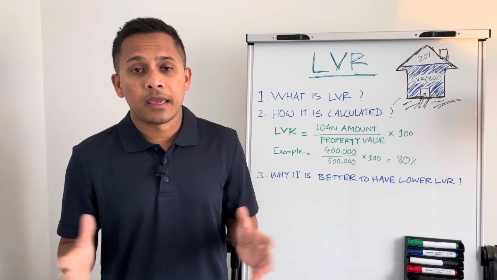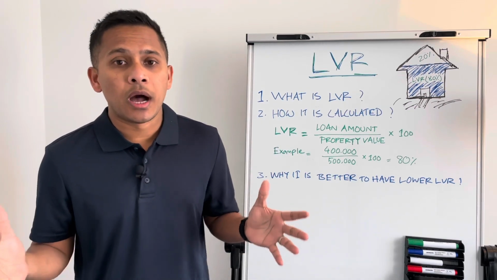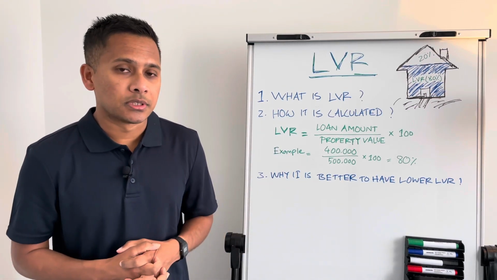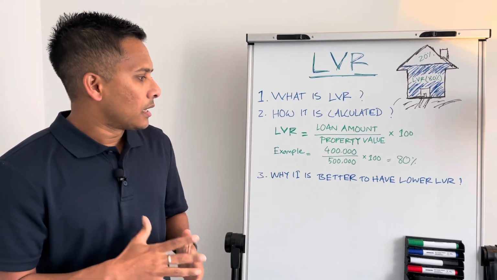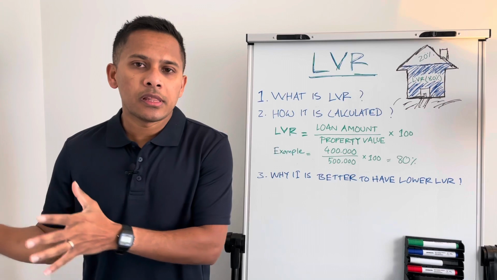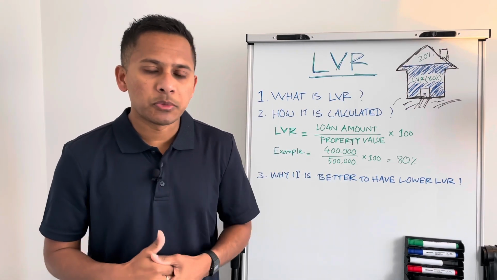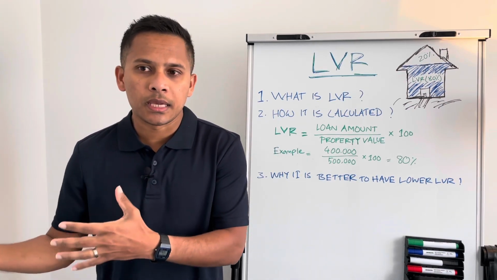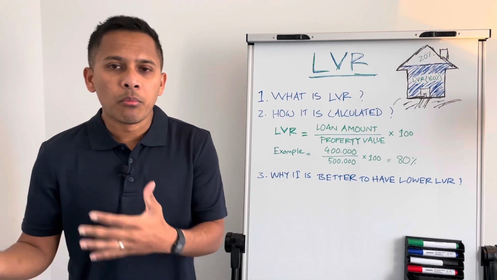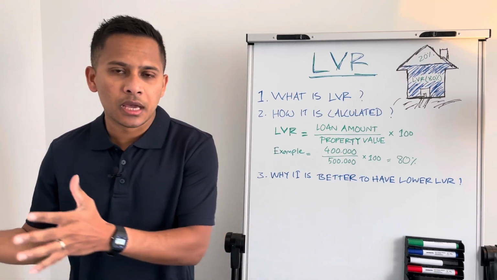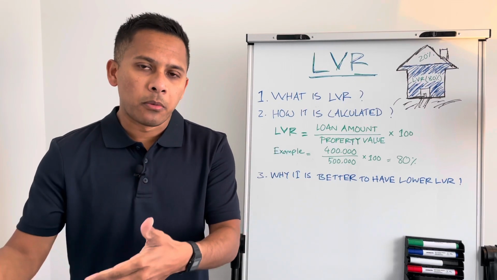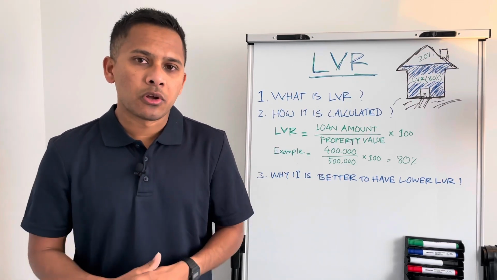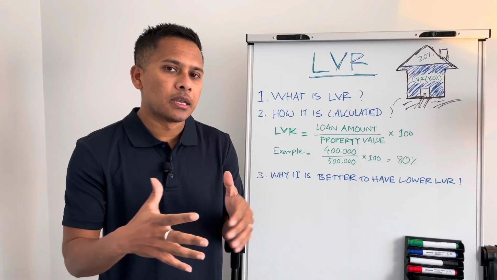So yes, you could go up to 95%, which is the maximum LVR with the bank. There are a few other schemes available these days, like the First Home Loan Deposit Scheme, or a scheme from the Victorian Homebuyer Fund, especially in Victoria, that allow you to buy a property with only a 5% deposit, and that also saves LMI.